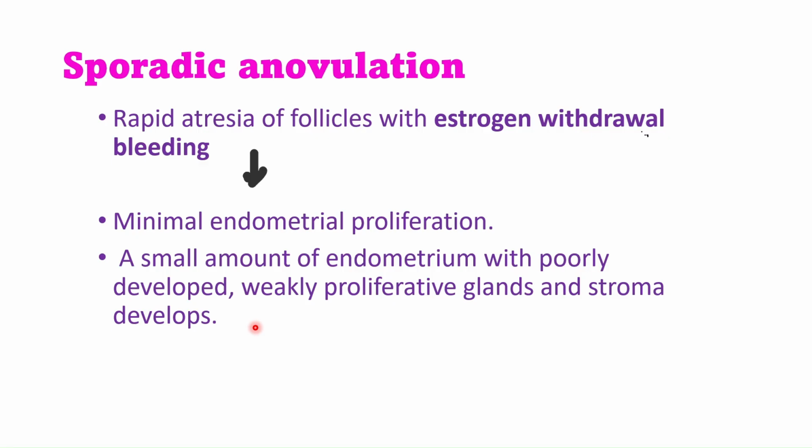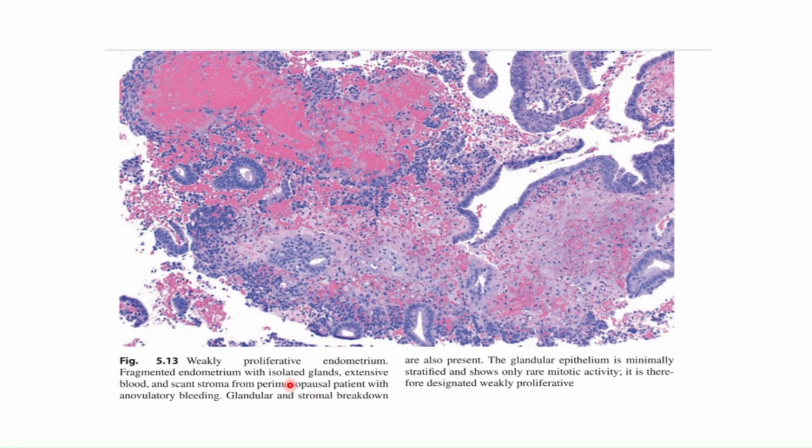So, occasionally there is anovulation and regression of the follicle is rapid, which leads to this minimal endometrial proliferation. Here we can see some glands are proliferative but weakly so, and some are isolated glands, with extensive blood and hemorrhage with scant stromal component.